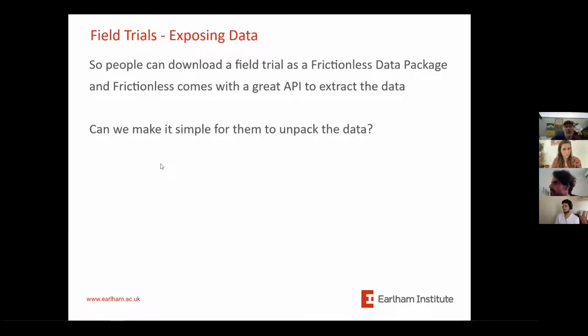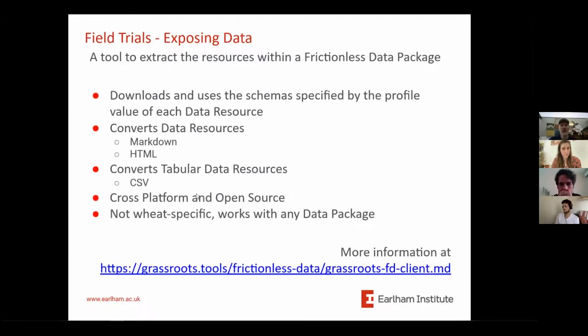So we got these into the data package, and that was great. But the problem that people still had at the other end was, well, how do we actually get stuff out of the data packages? Again, without scripts. So another thing we came up with is this idea of, and I've got to think of a smarter and nicer name for it, the Grassroots Frictionless Data Tool or whatever. There's got to be a better name. So any ideas are all welcome.